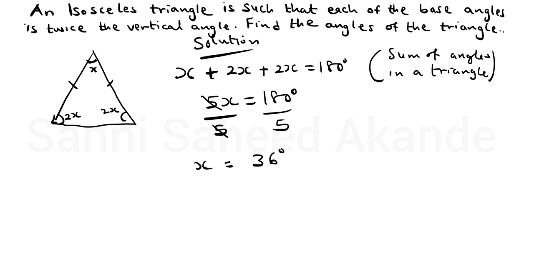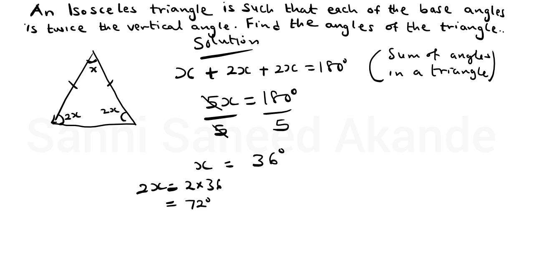So we have gotten the value of x. Then to get the base angles, we have to find 2x. 2x will be equal to 2 times 36, which gives us 72 degrees. So the base angles are 72 degrees.